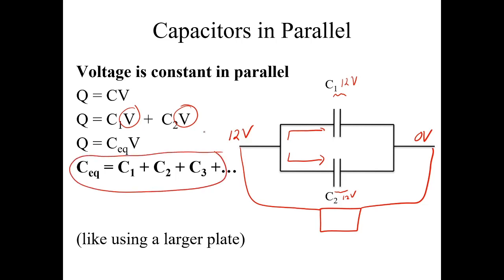And for parallel, it's easy. For parallel, all you simply do is add them. C equivalent equals C1 plus C2, etc. for as many as you have.